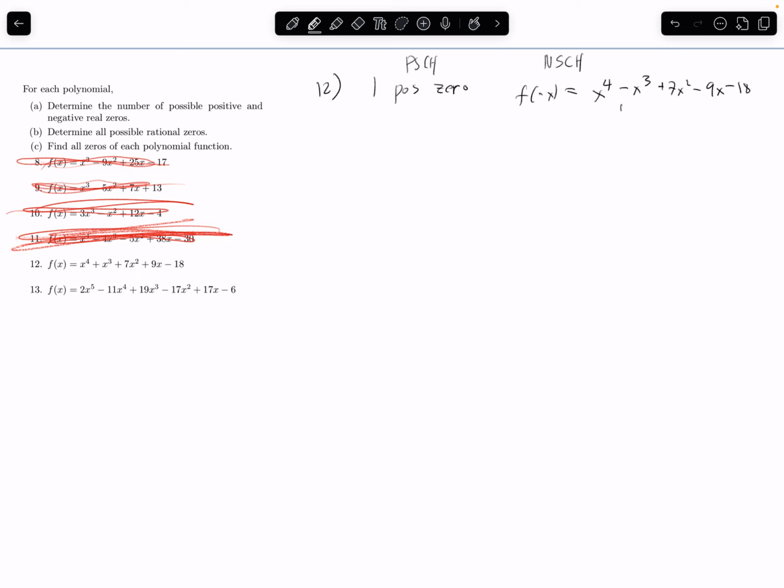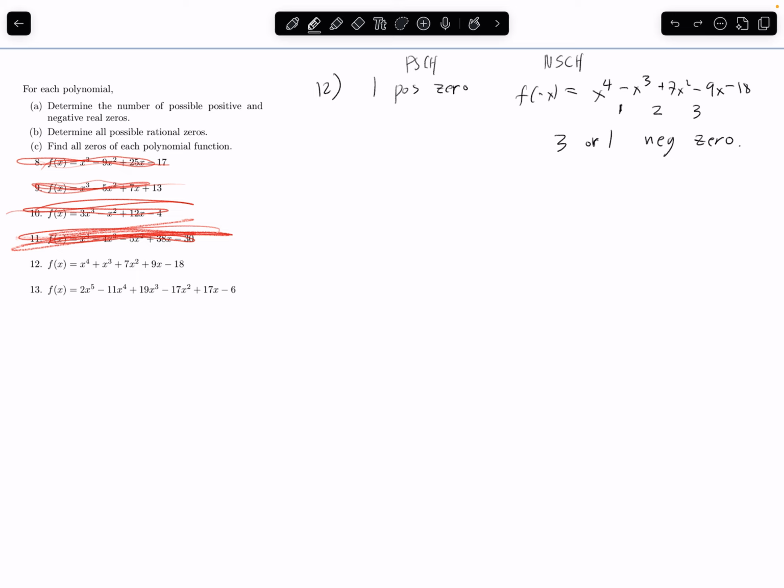That's one sign change here from positive to negative, then back to positive, that's 2, back to negative, that's 3. So that means 3 or 1 negative zeros. Anytime you have an odd number, that means for sure you have at least 1, right? So, because it's only 3, it's 3 or 1 as your only options. And at least 1 here, so that means you got 1 of each, at least.